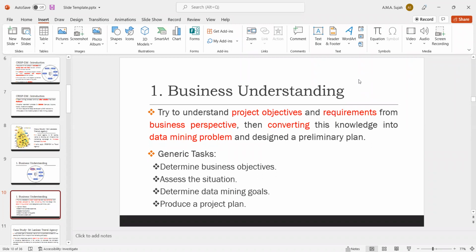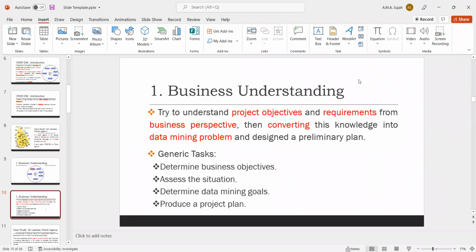After we understand the business perspective, we can convert these business objectives into a data mining problem. Finally, we will develop the plan: how we will start, how long it will take. The plan document is generated.